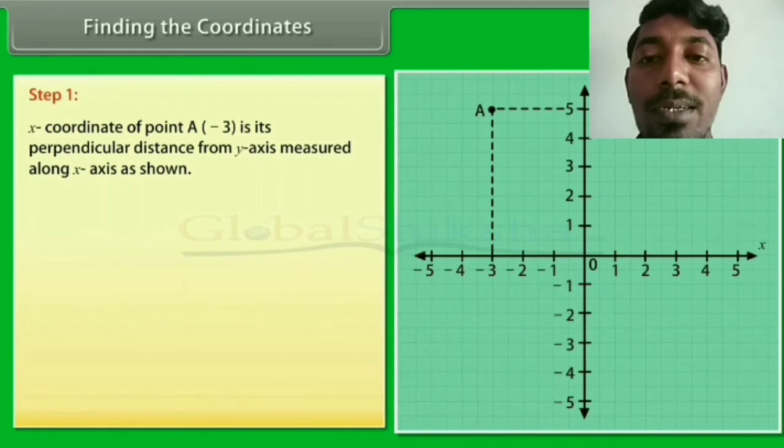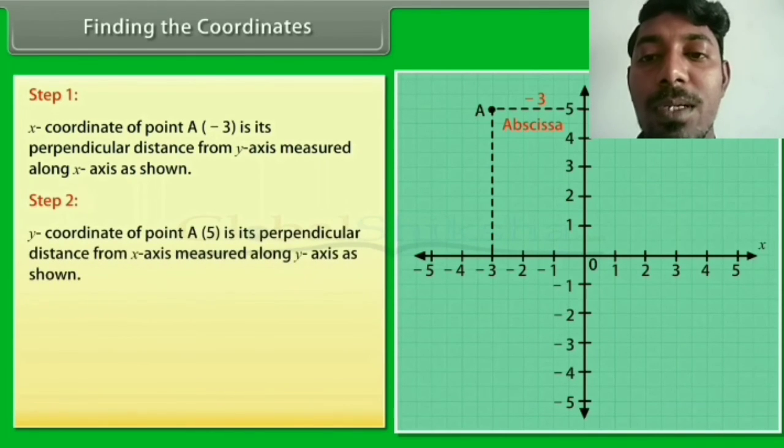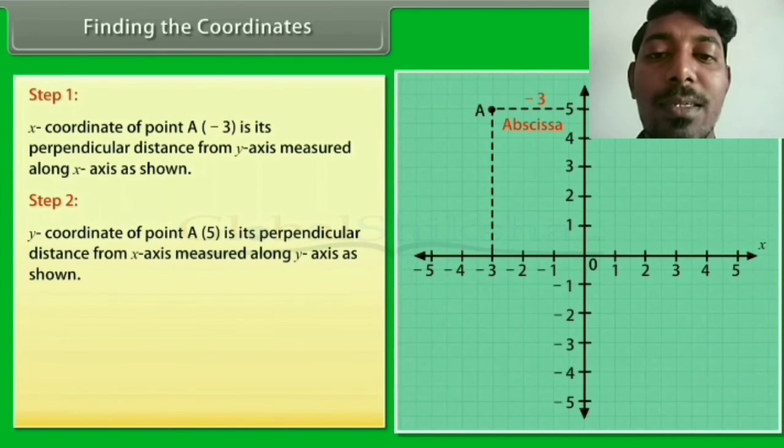Another example: write down the coordinates of a point from the following figure. Step 1: the x coordinate of point A is minus 3, as its perpendicular distance from the y-axis, measured along the x-axis, is minus 3 units.